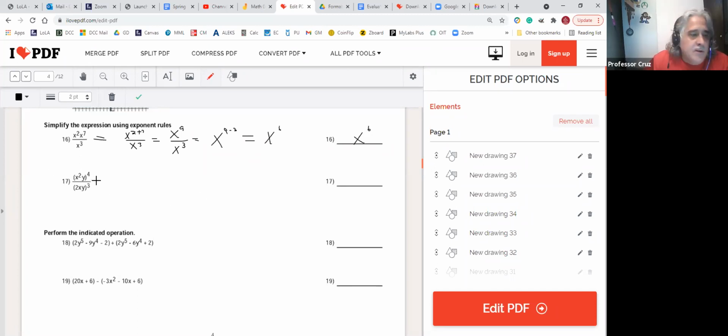All right. Now this one uses the power rule. It's multiplying inside of parentheses by another power. So we got to raise everything in there to that power. If it's already got a power, we multiply it. So this is 2 times 4.